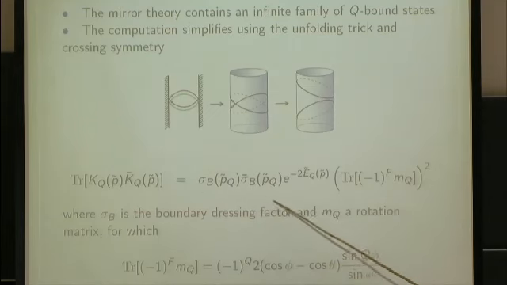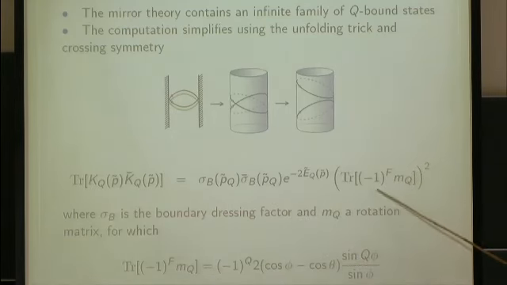So the final result is going to depend on this boundary dressing phase, and this supertrace of this rotation matrix, which is just the diagonal matrix with phases. Remember, we were considering cusp angles in the geometrical sense and an internal cusp angle too. So the answer for this trace is just this.